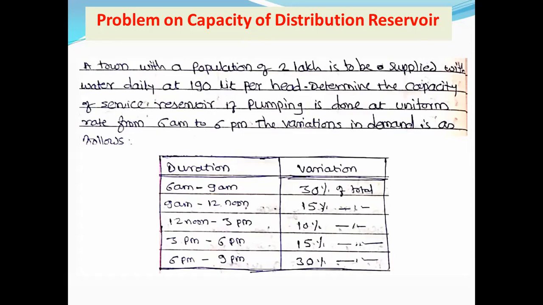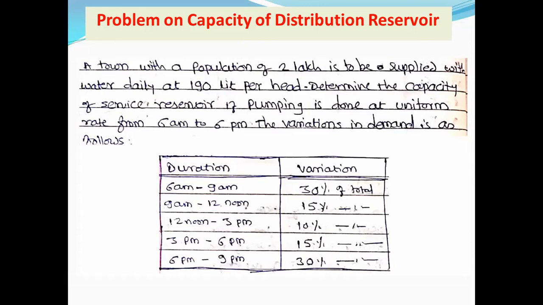From 6 a.m. to 9 a.m., the variation of the demand is 30% of the total. Then from 9 a.m. to 12 noon, it is 15% of the total. Then from 12 noon to 3 p.m., it is 10% of the total. 3 p.m. to 6 p.m., it is 15% of the total. And 6 p.m. to 9 p.m., it is 30% of the total.